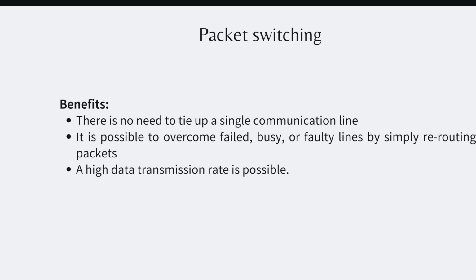It means that routers can change the path of each packet to prevent those problems. By the way, a high data transmission rate is possible because we can transmit data through different routers at the same time.